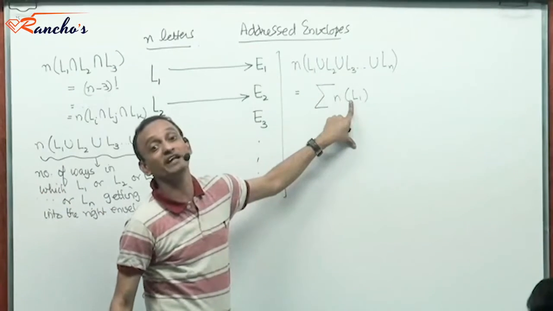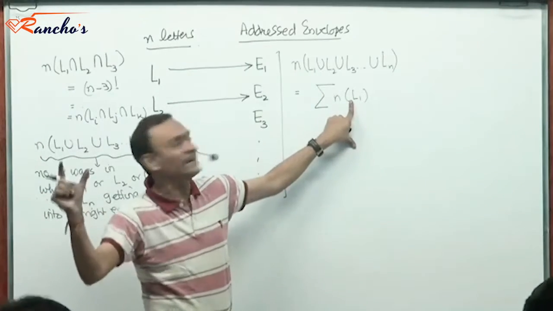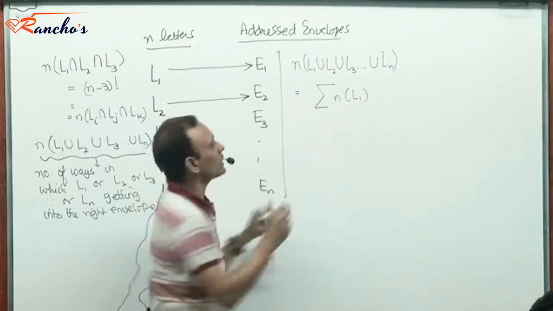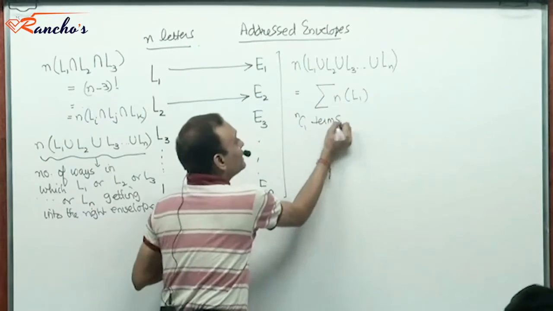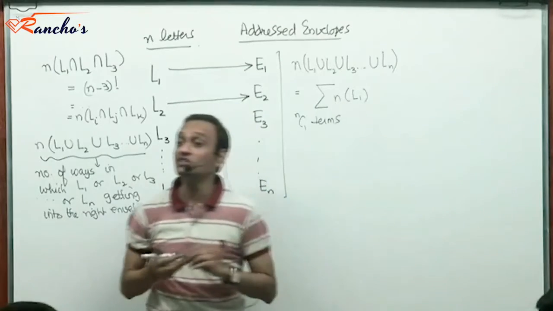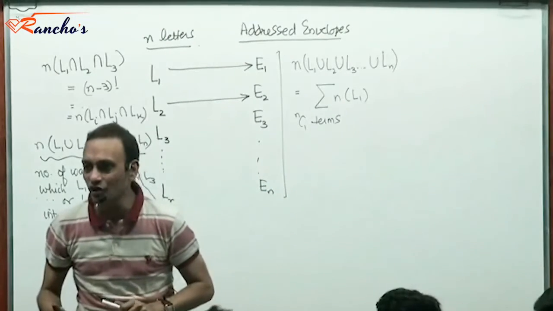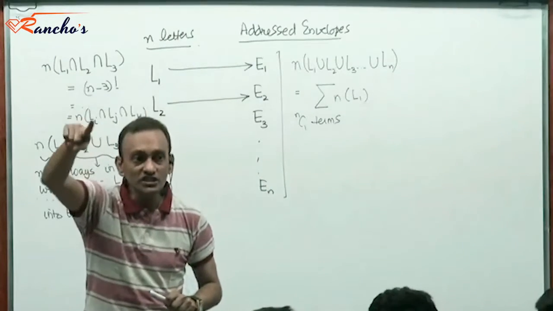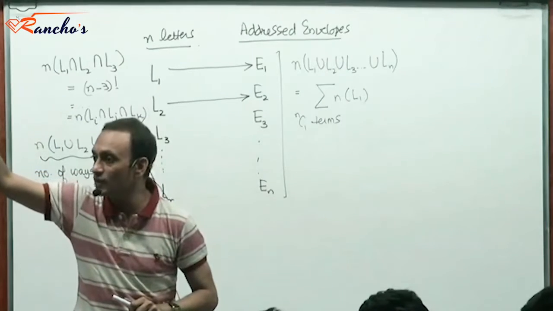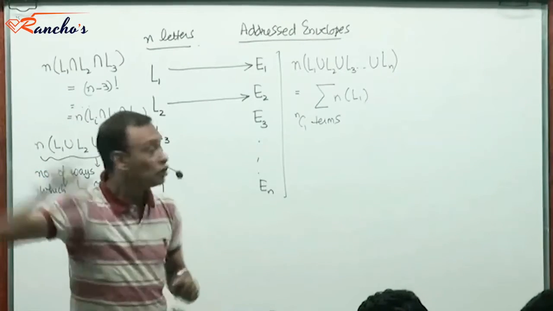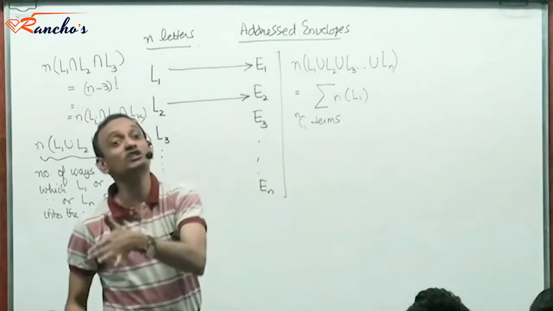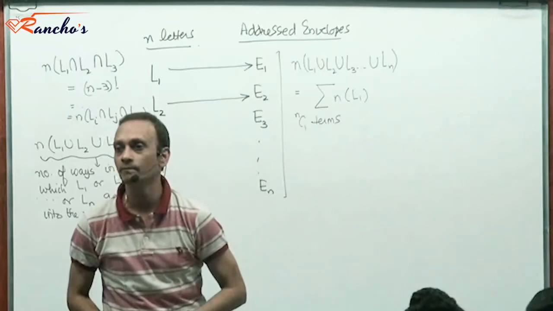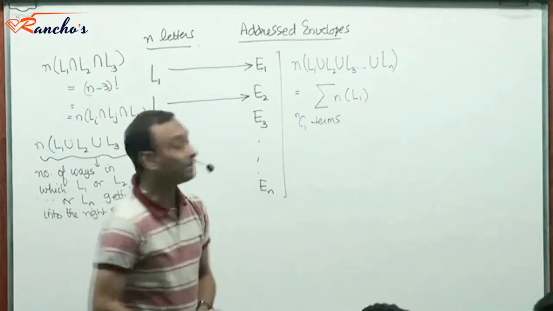So how many terms would be there in the summation? NC1, N sets taking one at a time. So the number of terms here would be NC1 terms in this summation. And do you realize that the value of each of these terms would be n minus 1 factorial? We just discussed NL1 is n minus 1 factorial, and so is NL2. So there would be NC1 terms in this summation and the value of each term would be n minus 1 factorial. Right? That's the first term.